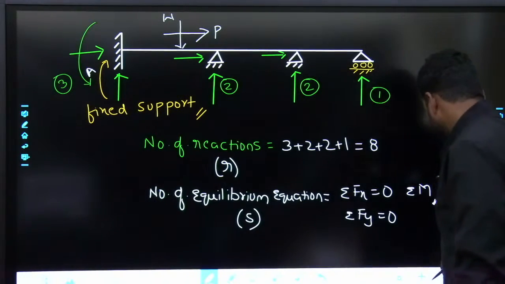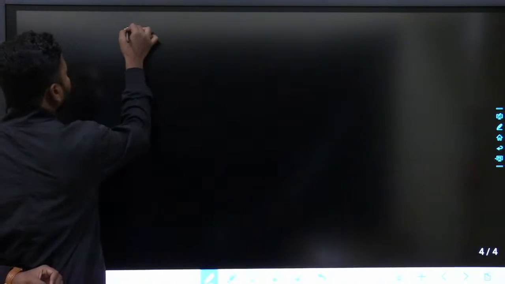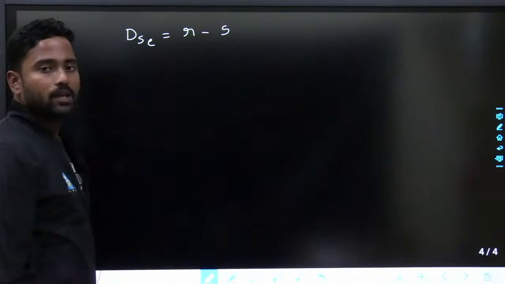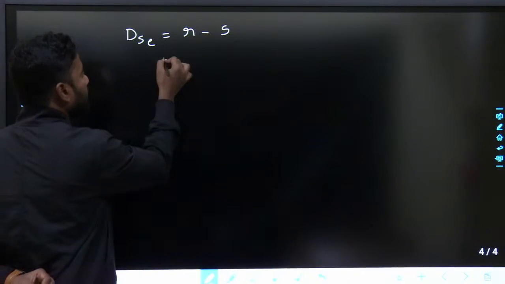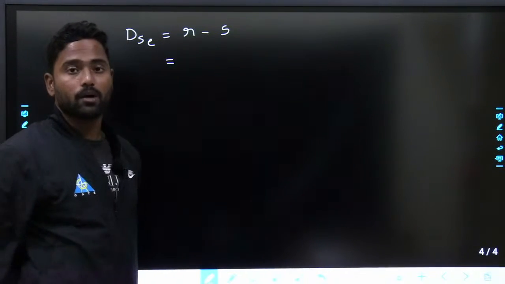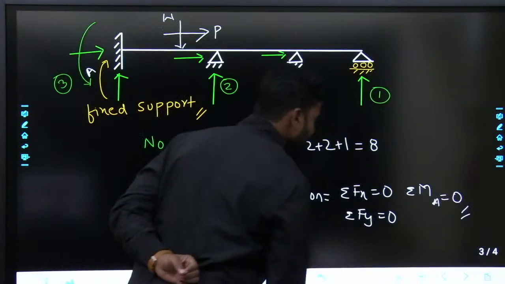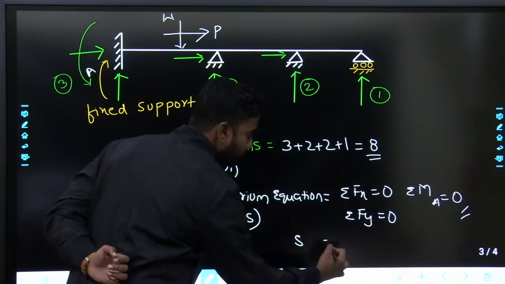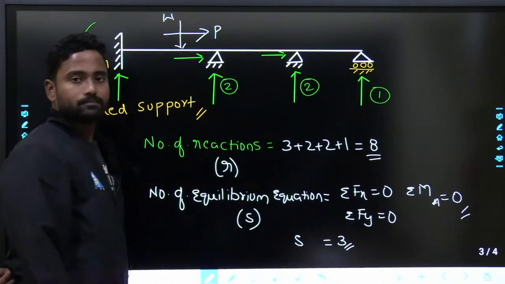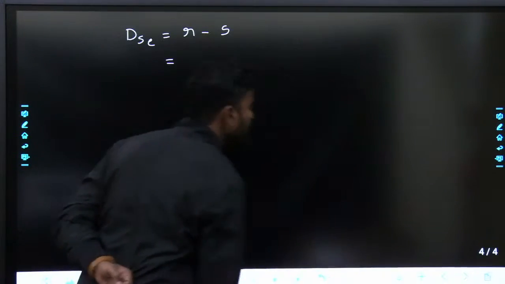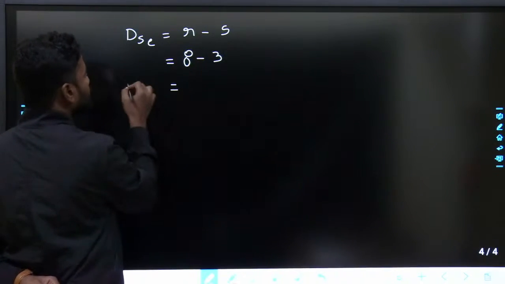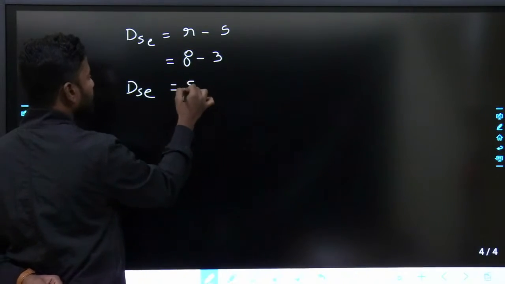Now, external indeterminacy is the number of unknown reactions over and above the equilibrium equations. The number of reactions here is 8, the number of equilibrium equations is 3, so DSE is given as 5.